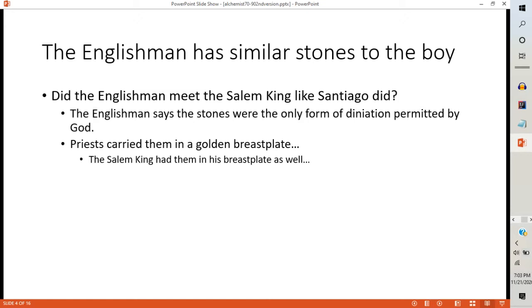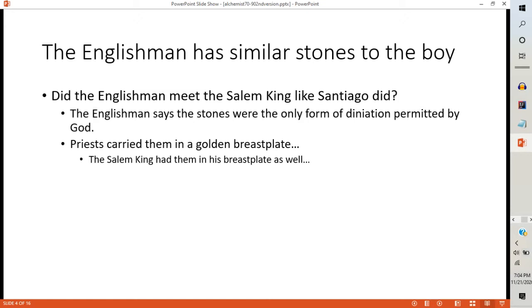So what are we saying here? Well, for one, how does the Englishman know all this? How did he get his omen stones? Did he get them from the king as well? Remember the king, when he was overlooking the surrounding area right after he leaves Santiago and takes part of his flock of sheep, references a guy, I think his name was Andrew.